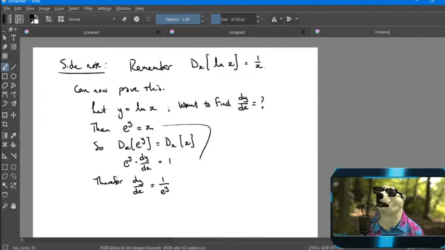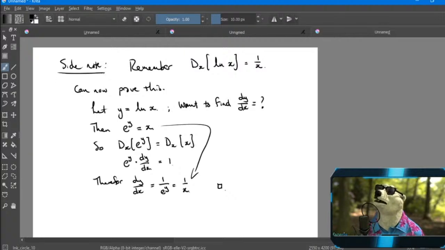But e to the y, if you look a little further up, is equivalent to x, and we're done. And we've now proved by way of implicit differentiation that the derivative of natural log of x is 1 over x.